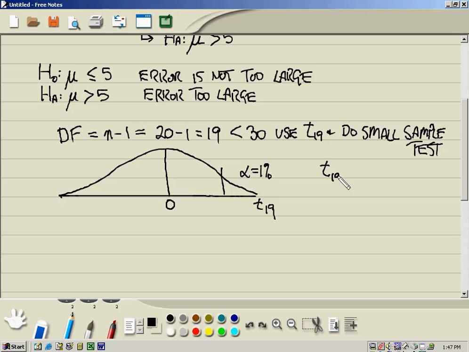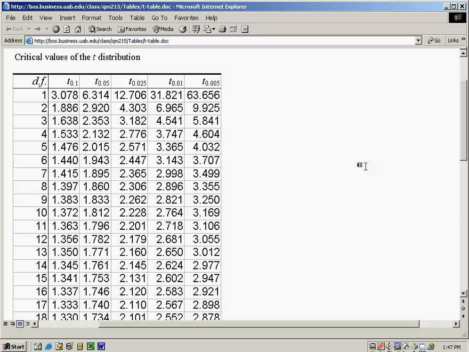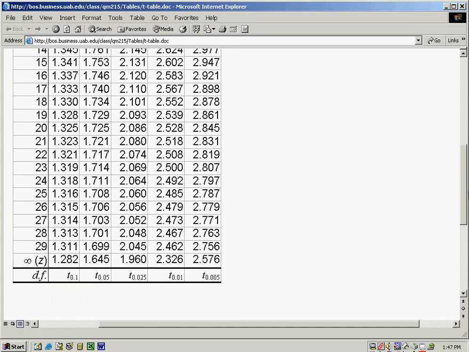Okay, so we're going to the tables, look for t with 1%, 0.01 in the tail. So 19 degrees of freedom and 1%, it's 2.539.